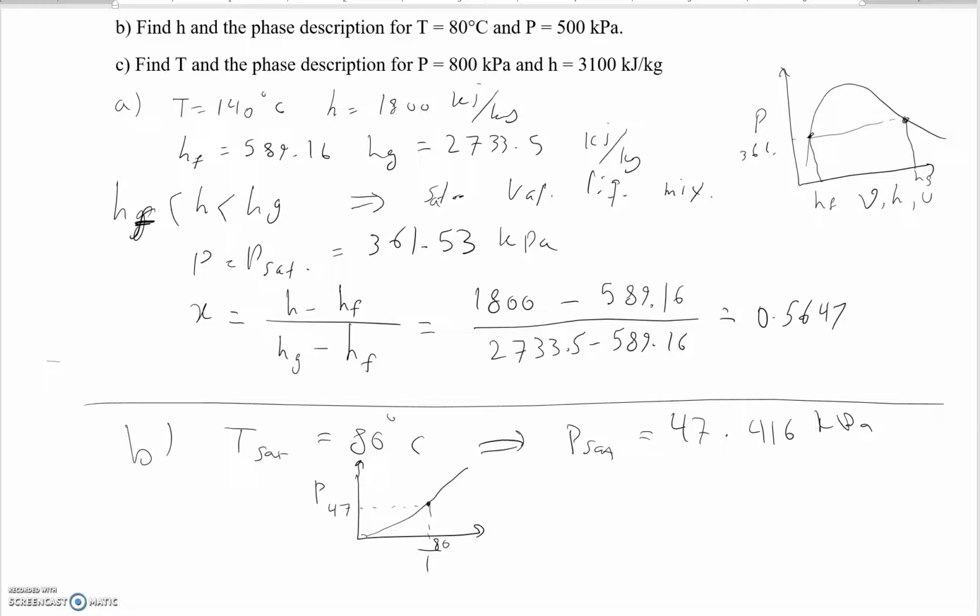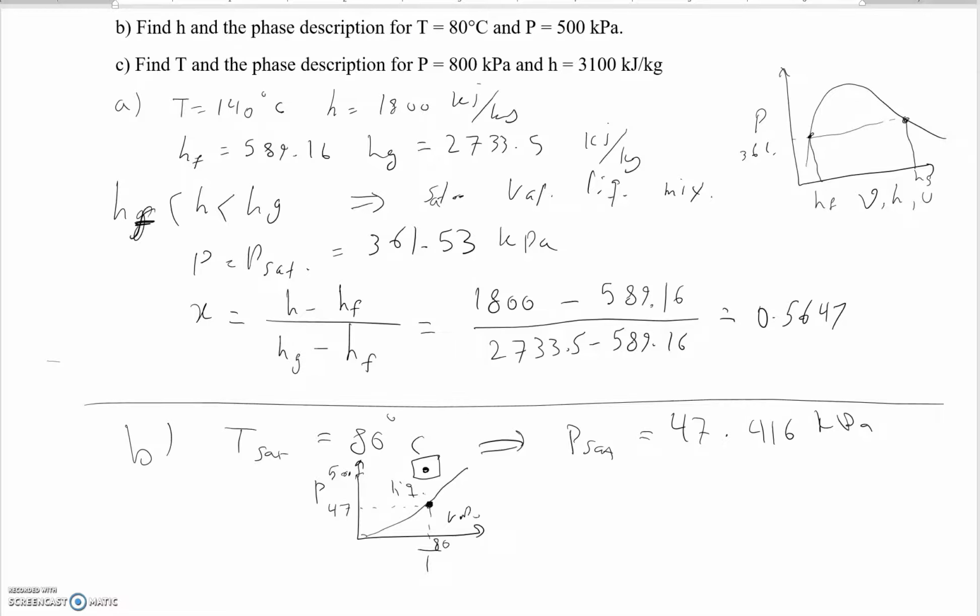Now tell me, at this temperature, what is our pressure? It's 500, right? So your pressure is more than what it should be at saturation in two-phase. If you are above this pressure, which is the two-phase, then you are in liquid, right?